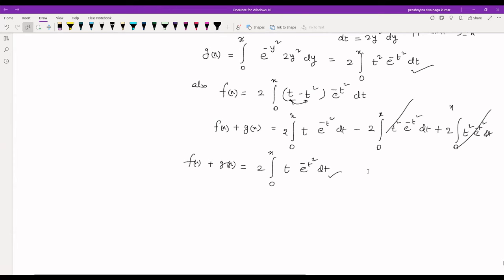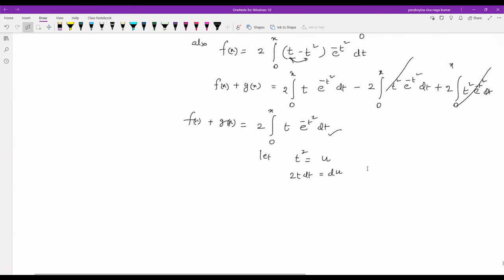For this integral, there are two ways you can solve. Since e power minus t square is there, we should solve with the substitution method. So consider t square, let t square equal to u. Then 2t dt will be du.